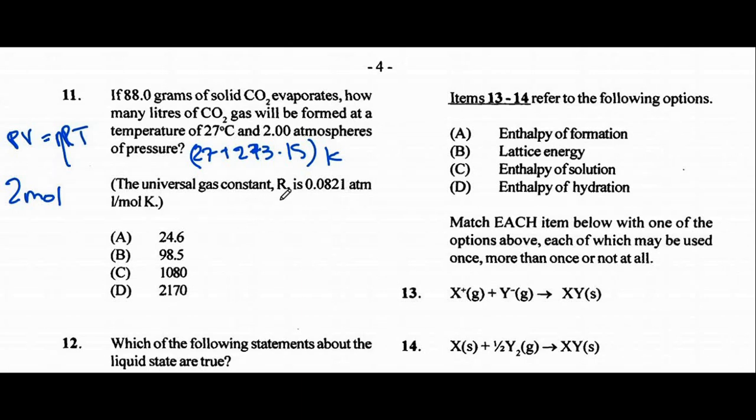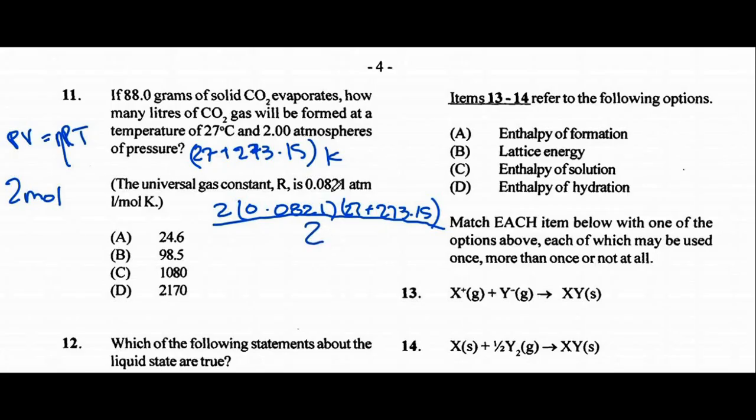So 2 moles times 0.0821 atmospheres times the 27 plus 273.15 all over the pressure, which is also 2 atmospheres.